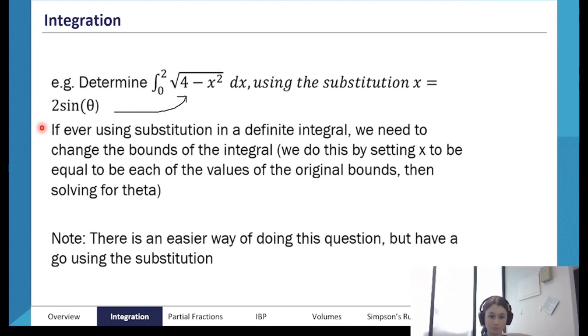So, if we are ever using substitution in a definite integral, we need to change the bounds of the integral. And we do this by setting x to be equal to each of the values of the original bounds, then solving for theta.